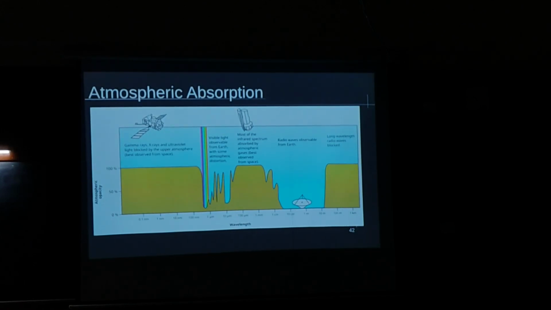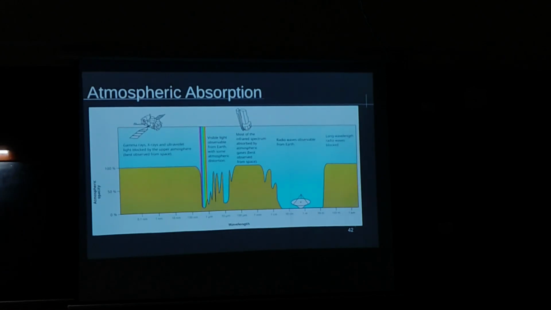Probably that's why we are able to see light in those wavelengths. It's the most abundant light which comes from the sun. And there's this huge window in radio, from around 1 centimeter to 10 meters, where the atmosphere is almost clear.